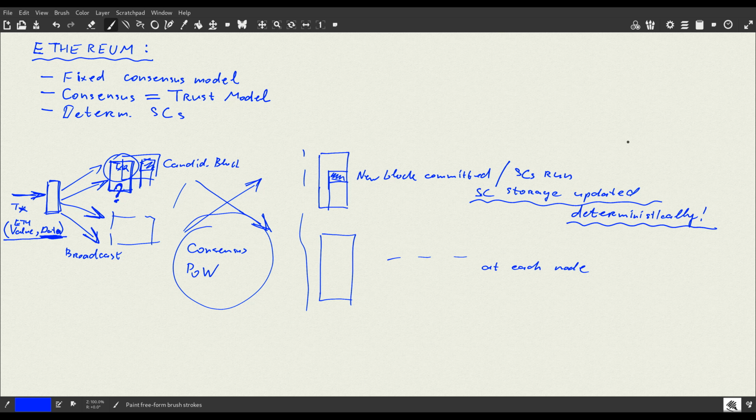Which means that, for example, a smart contract cannot do what in that case? Just a very, very simple programming construct, which is not allowed for a smart contract in that case.